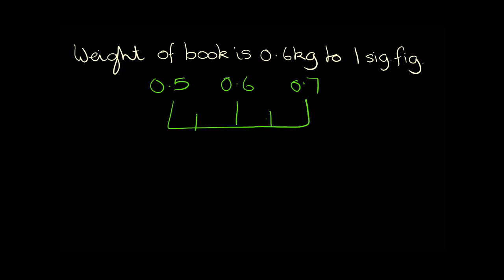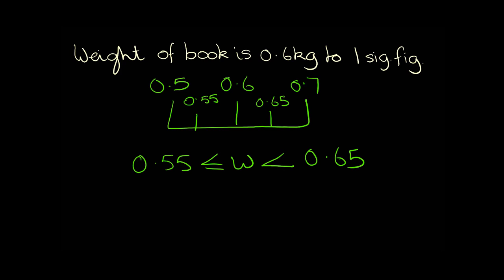So halfway is where we need to go. So halfway between 0.5 and 0.6 is 0.55, and over here we'll have 0.65, and so our error interval will be 0.55 less than or equal to, I'll call it W this time for weight, and that's less than 0.65.